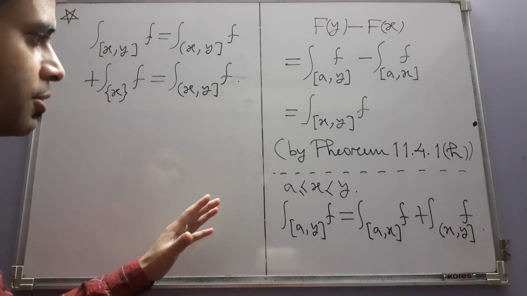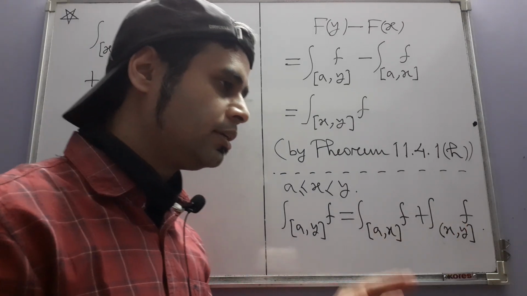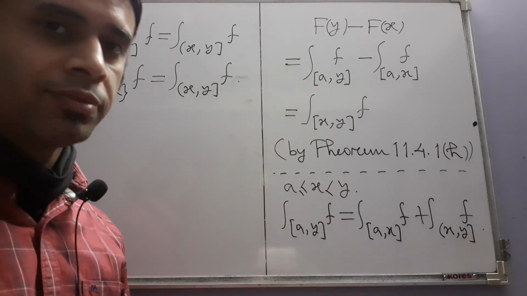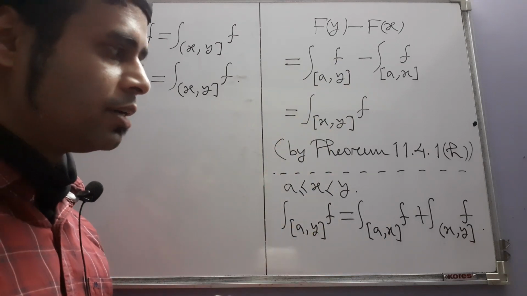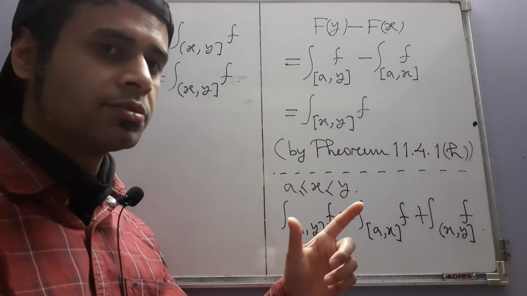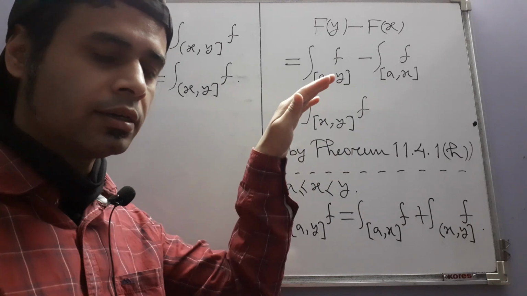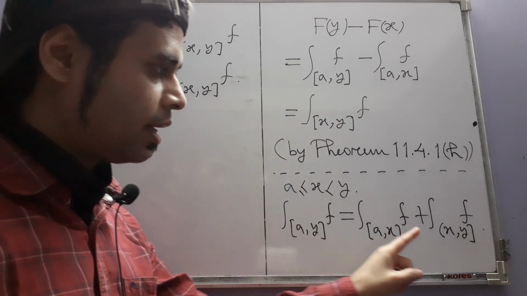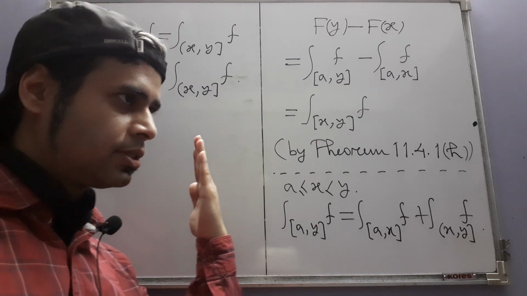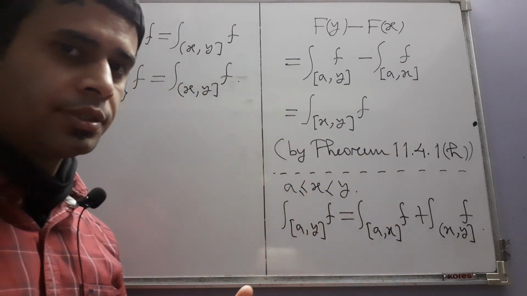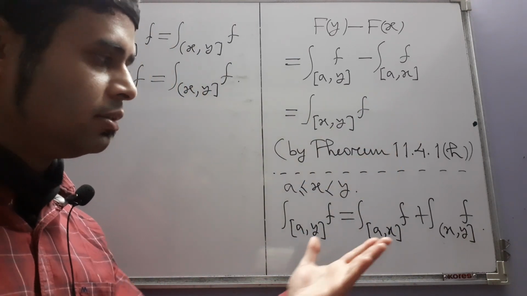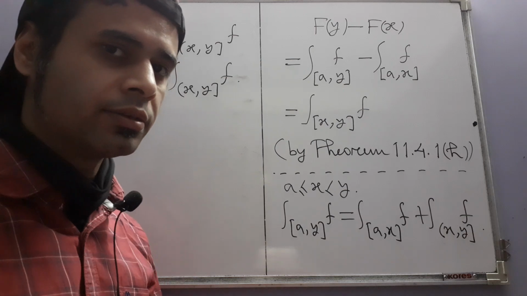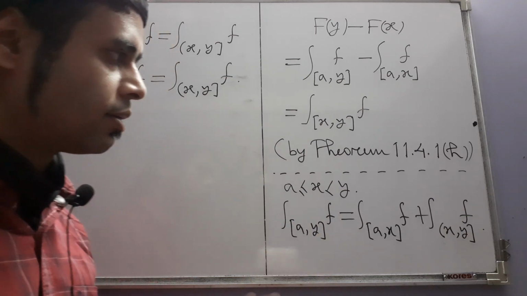Geometrically, if f really is a non-negative function, then you know very well that the integral gives you the area under the graph of f above the x-axis and between these two vertical lines x and y. This is the link between the numerical integral and the geometric area of that region.